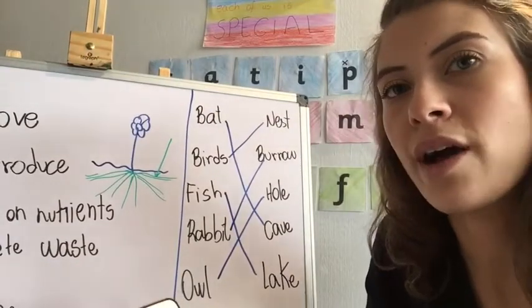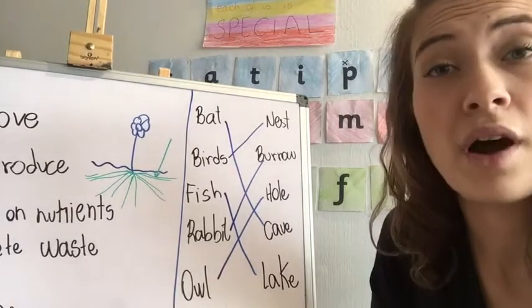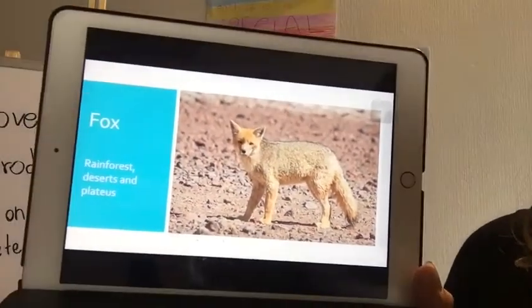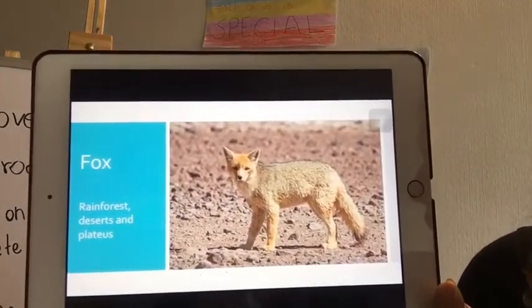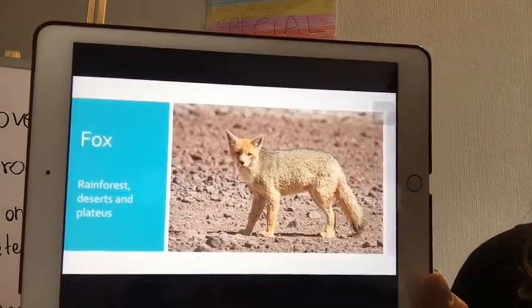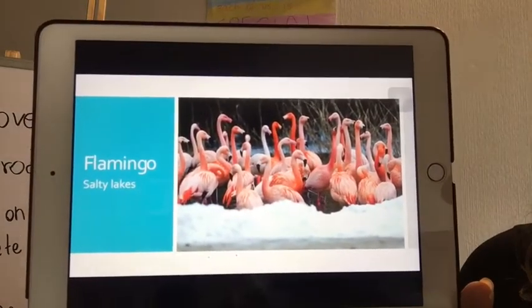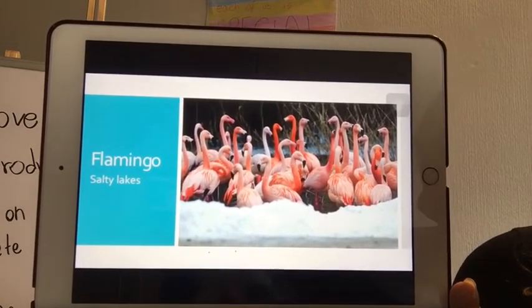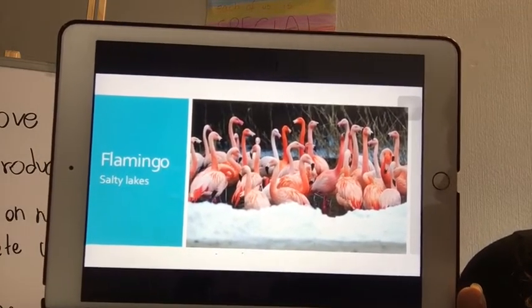It's common to have these llamas or alpacas in a farm, okay? It's really, really common. Fox. You can find fox in the rainforest, deserts, and plateaus. Flamingo. Have you seen flamingo? Well, they usually live in the salty lakes.